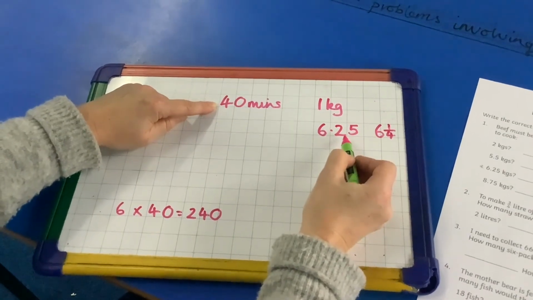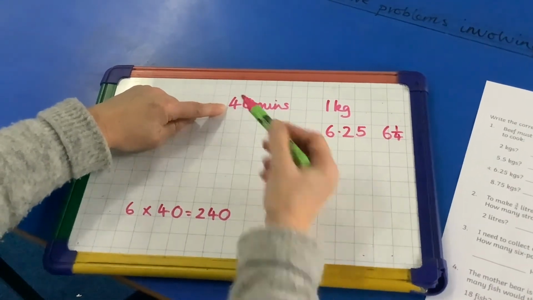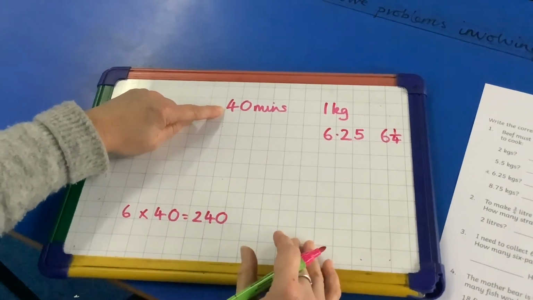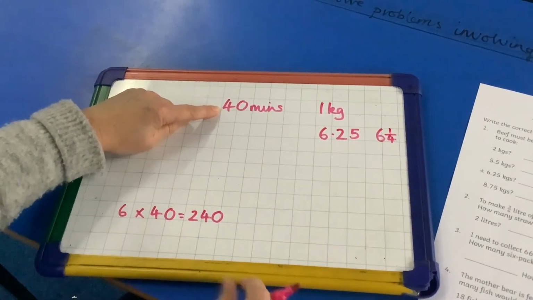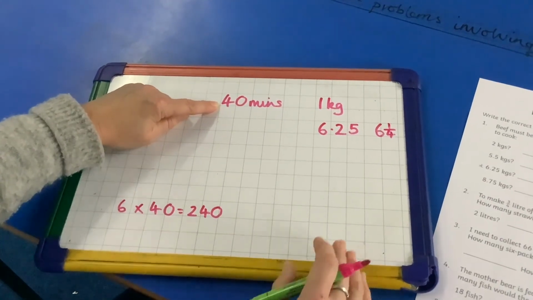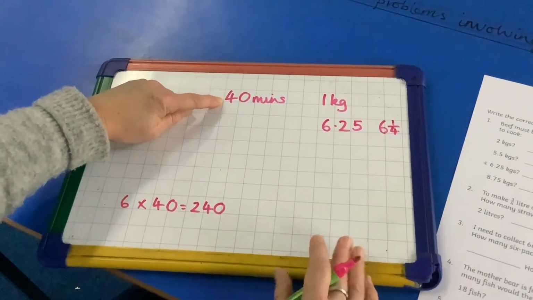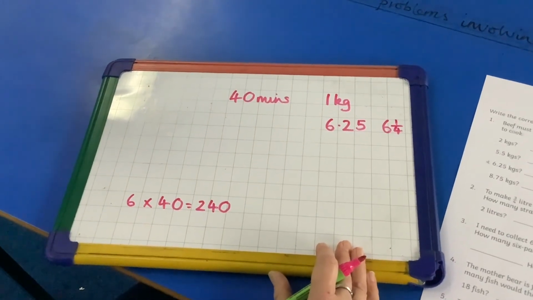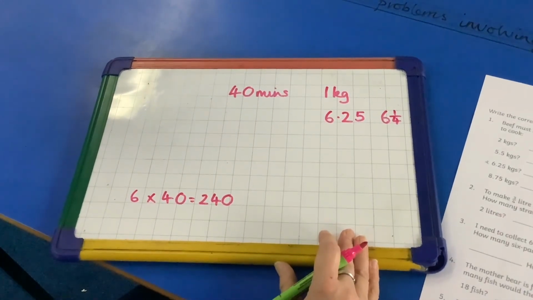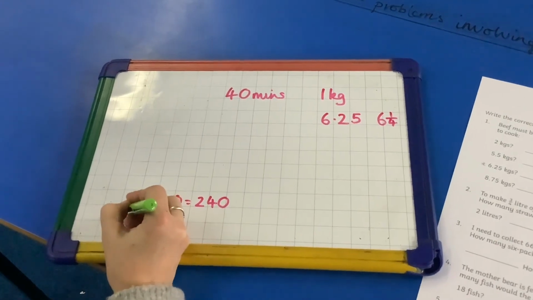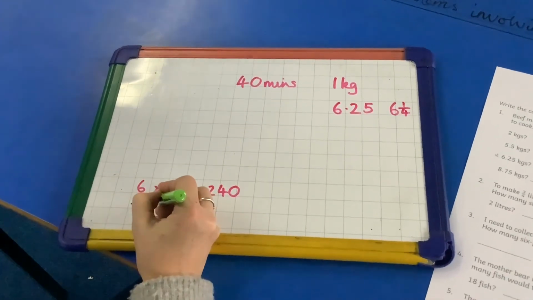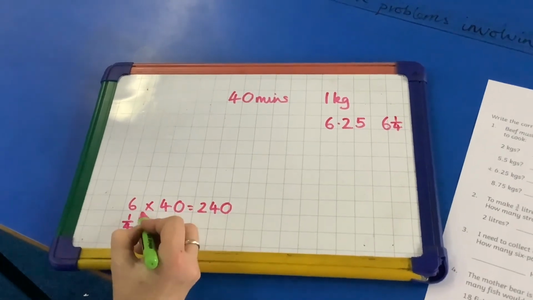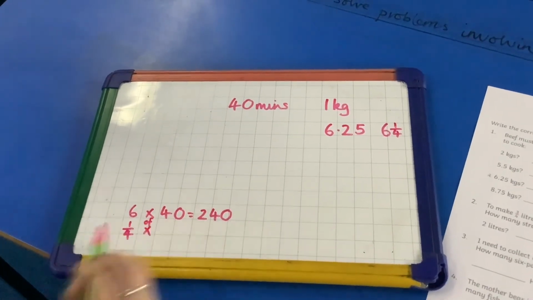But I've also got another 1/4 of a kilogram. So if you find 1/4 of the 40 minutes, this is a bit like the fractions of amounts. You can see how closely ratio, proportion, fractions, how closely they're all linked. 1/4 of 40. Well, if I write it like this, some of you who came to my groups will remember that I said this times sign, you can also think of it as the word of.